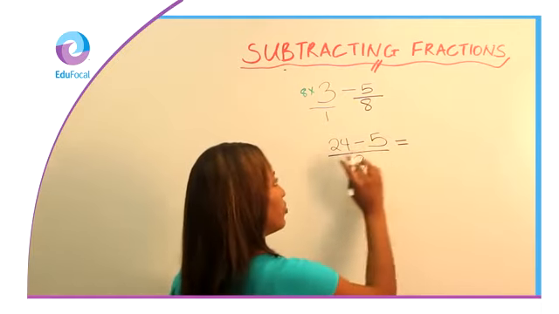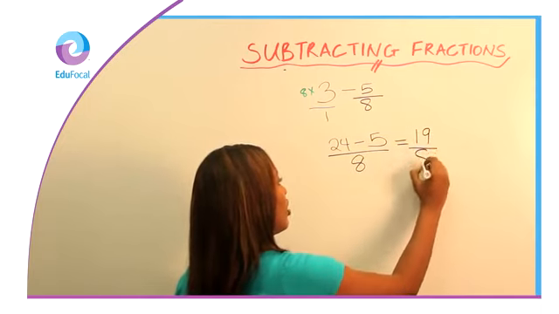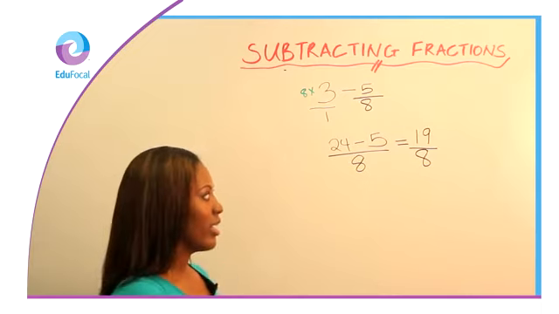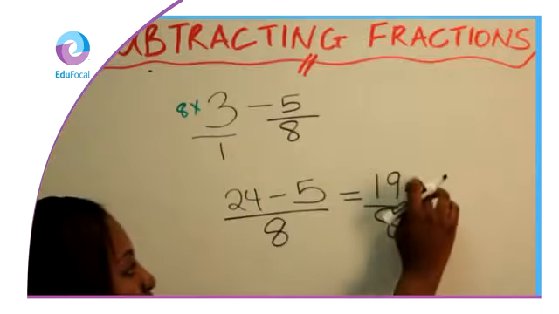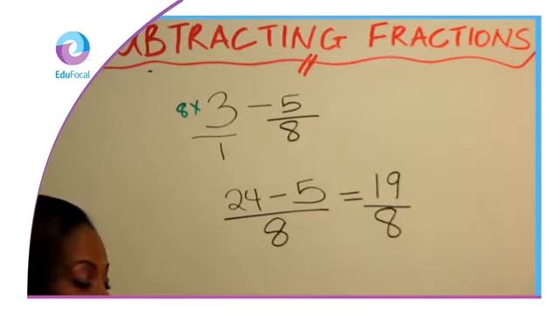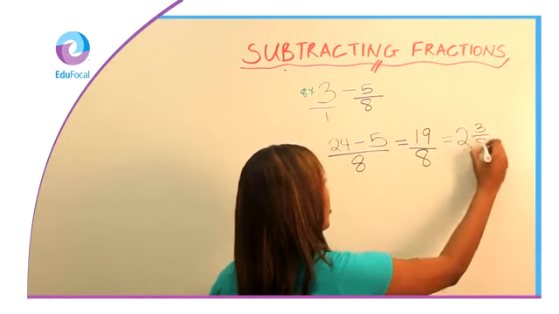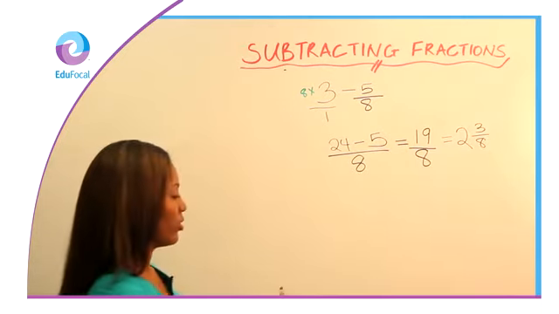So now you 24 minus 5, 19 over 8. And we worked this before, but we'll do it again. Can you change this improper fraction to a mixed fraction? 19 over 8 as a mixed fraction will be 2 and 3 over 8. And so that's the first way that you can work the question.